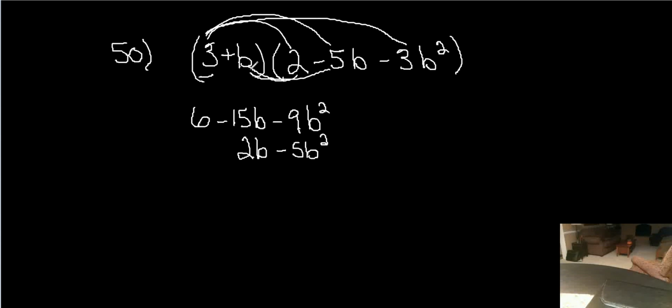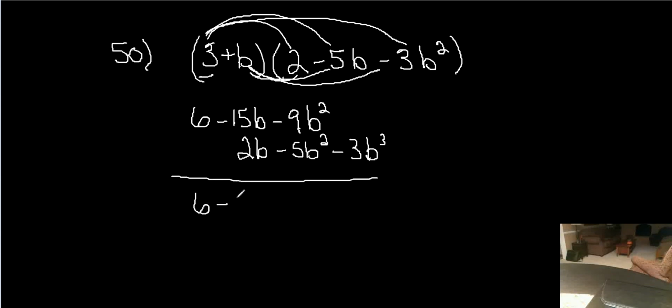And the last one is b times negative 3b squared, which is negative 3b to the third. So we have 6 minus 13b minus 14b squared minus 3b cubed.